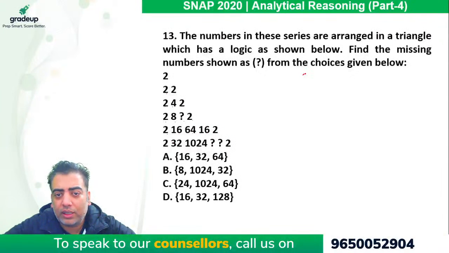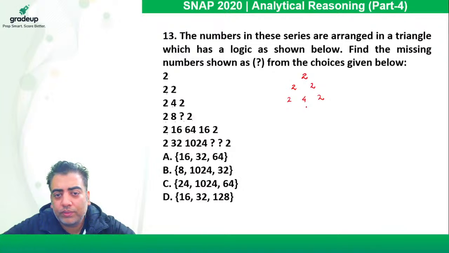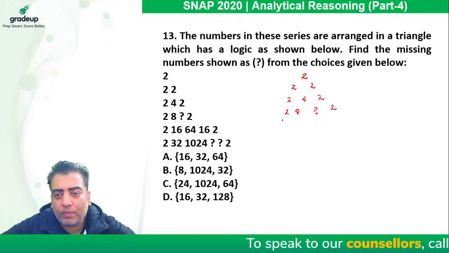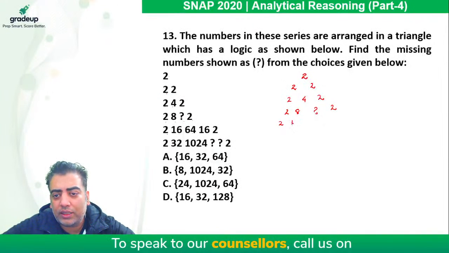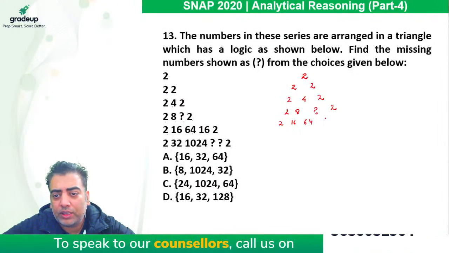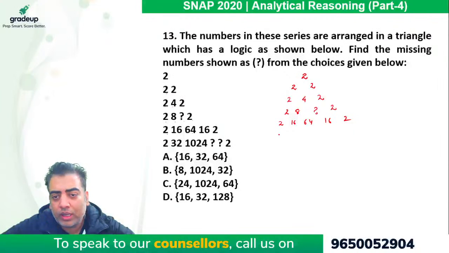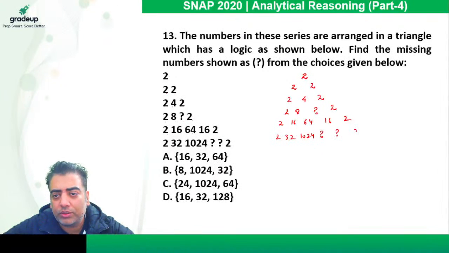So I think the better way of writing this will be 2, then 2 2, then 2 4 2, then 2 8 question mark 2, then 2 16 64 16 and 2, then 2 32 1024 question mark and 2.